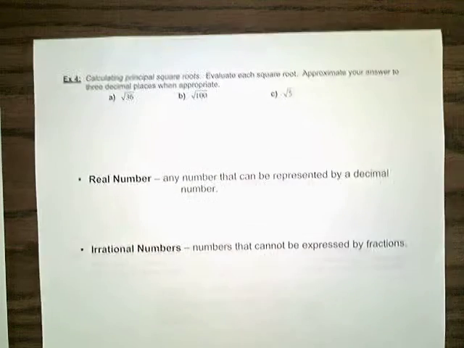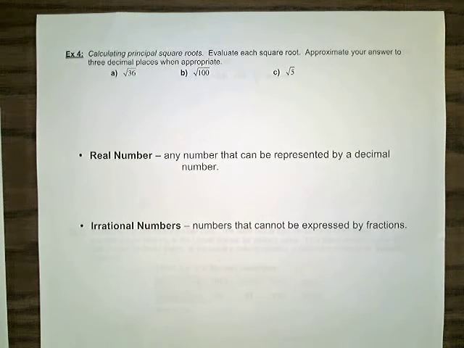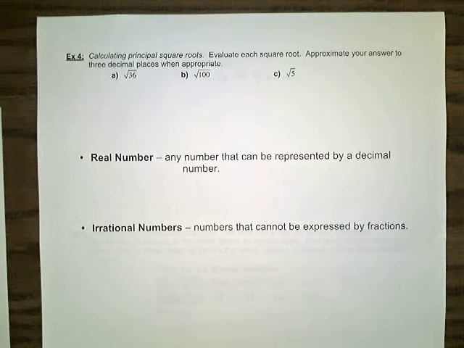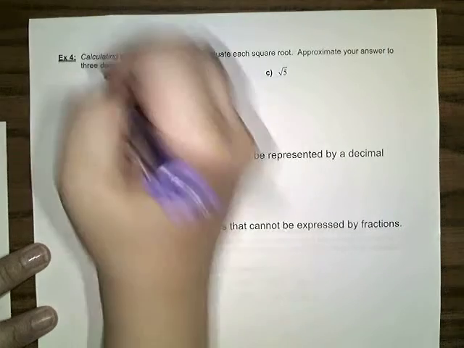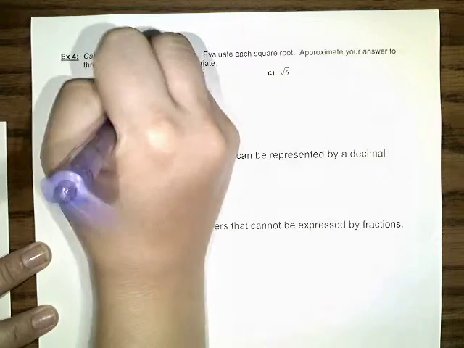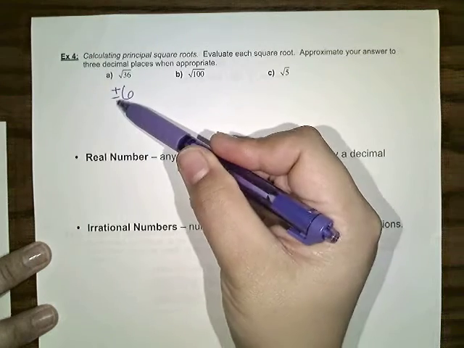So, evaluate each square root, approximate your answer to 3 decimal places when appropriate. So, first, example 4a, we have the square root of 36. Well, the square root of 36 is plus or minus 6, positive 6 and negative 6.